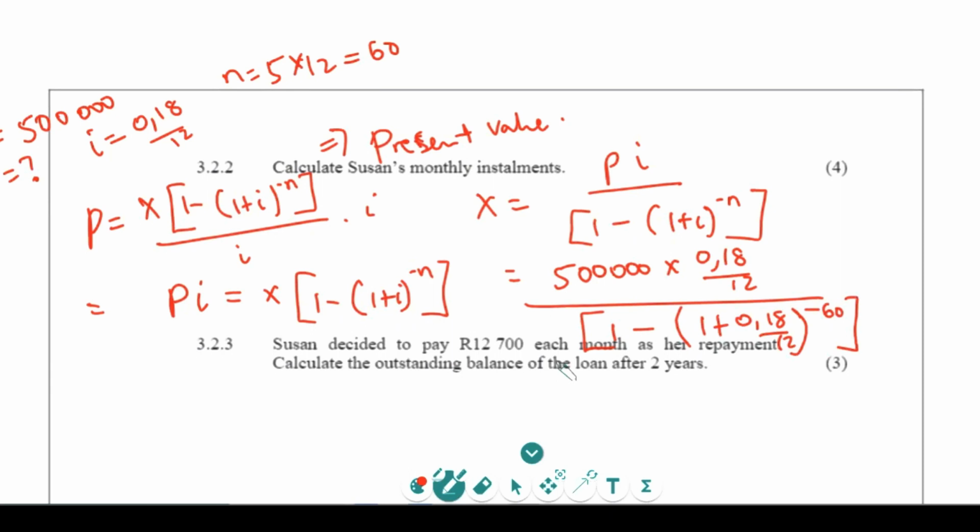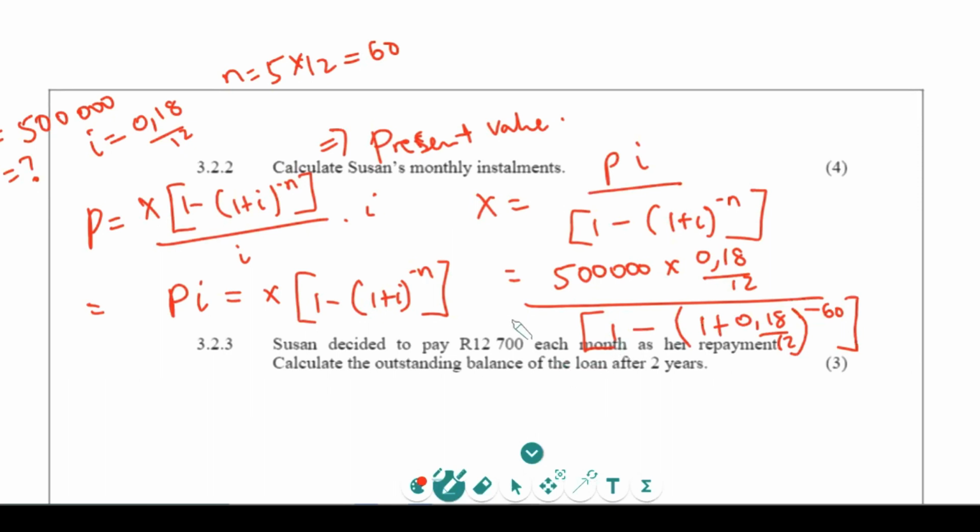So 500,000 times 0.18 over 12. I'm dividing it by the macro bracket, 1 minus, okay, that's 1 plus 0.18 over 12, to the exponent of negative 60.